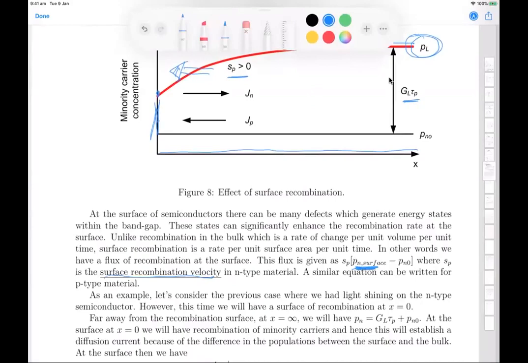And in this case, this term here, instead of being the inverse of a lifetime, is a velocity, because it's a surface area effect. And so we have S_p as a surface recombination velocity.